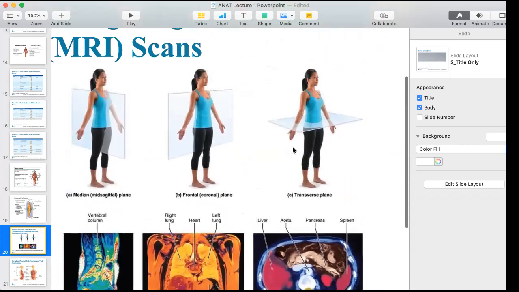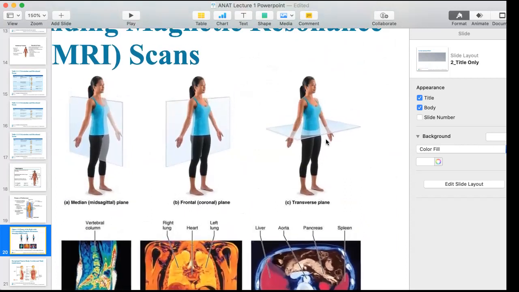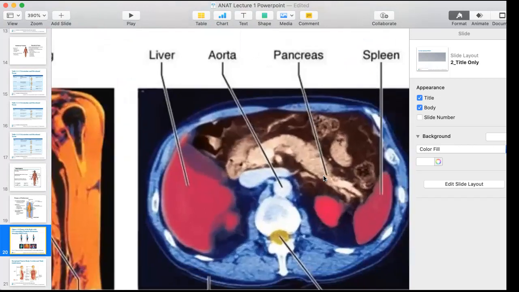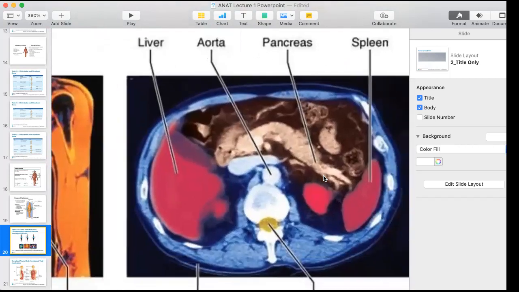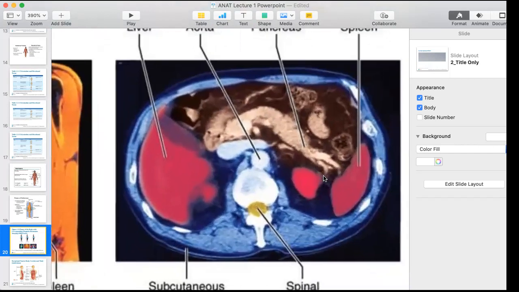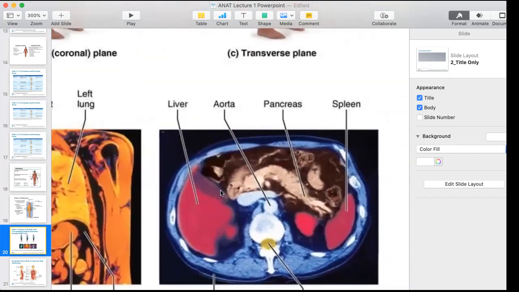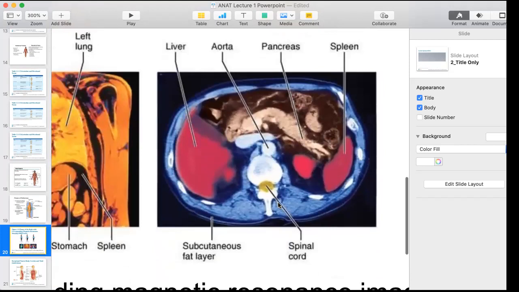Next is the transverse plane, where you separate the upper and lower halves of their body. And what you're doing here is looking into the transverse plane of the torso. And we can see here the liver, the aorta, the pancreas, the spleen, the spinal cord.